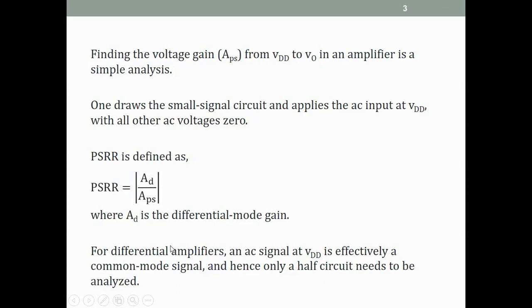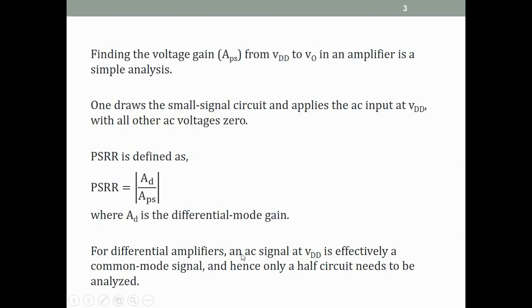Now we'll do a little bit of qualitative finding of APS for a few different differential amplifier architectures, basically Opamps. So we only look at one stage Opamps, which are basically differential amplifiers.